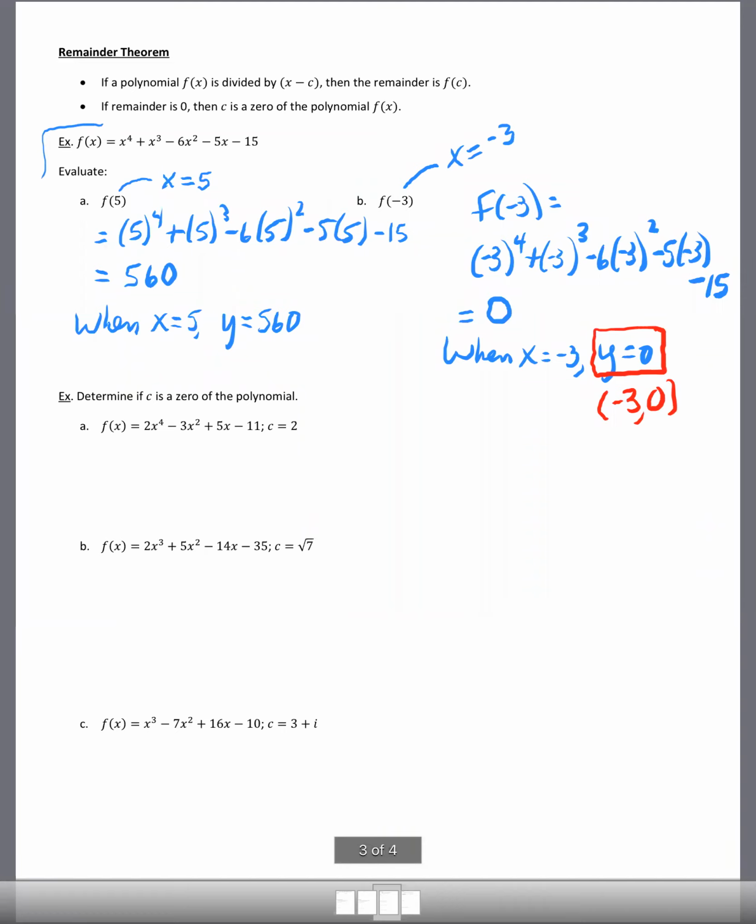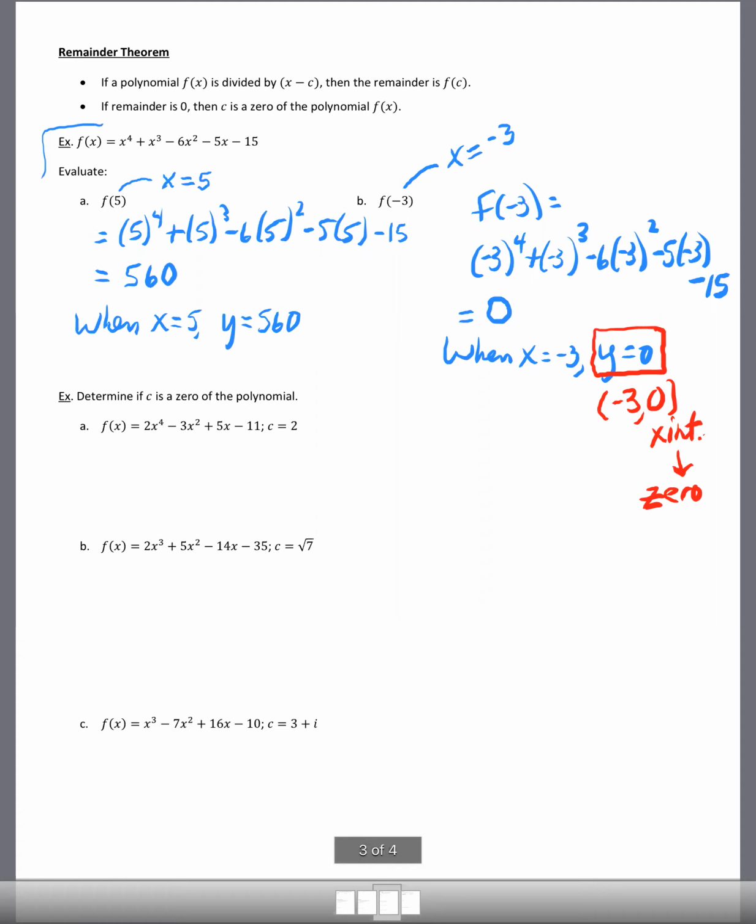I just put my x and y as an ordered pair. This is an x-intercept. And what we're going to find out is that x-intercepts provide what we call, for polynomials, zeros. All x-intercepts will now be classified as zeros of the polynomial.